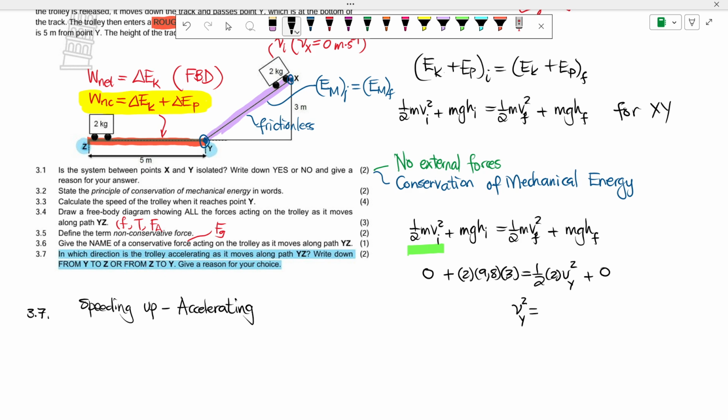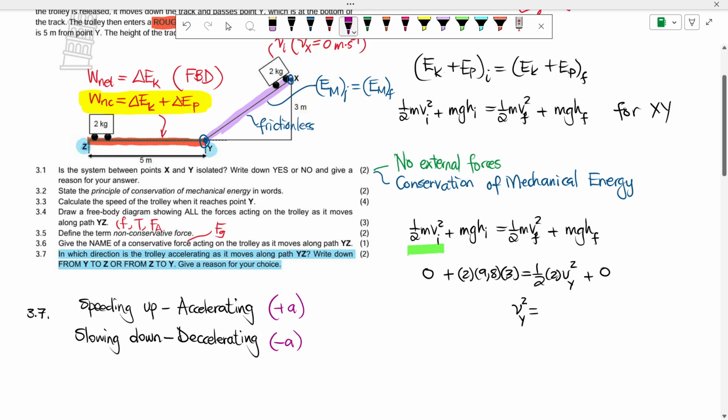But when you're slowing down, and remember that the object along path Y to Z is slowing down, we say that you are decelerating. I'm not sure if that's the first time you hear that word. No, okay. So accelerating means that you have a positive acceleration. Decelerating means that you have a negative acceleration.